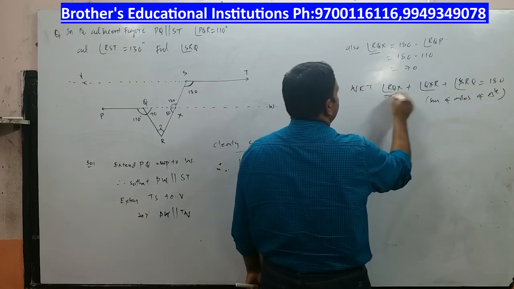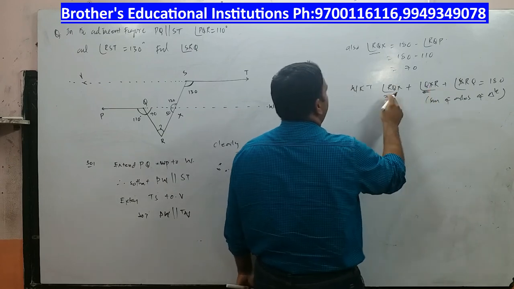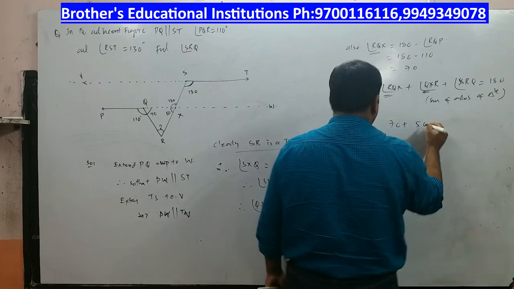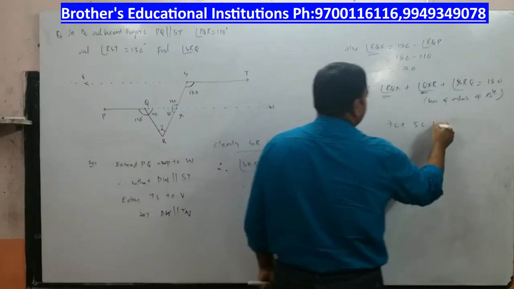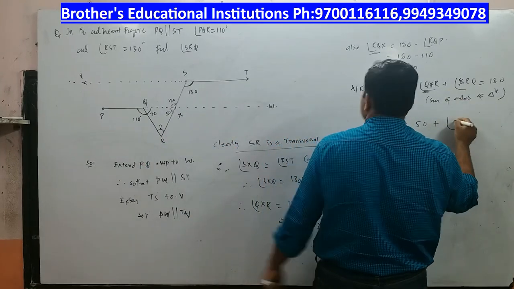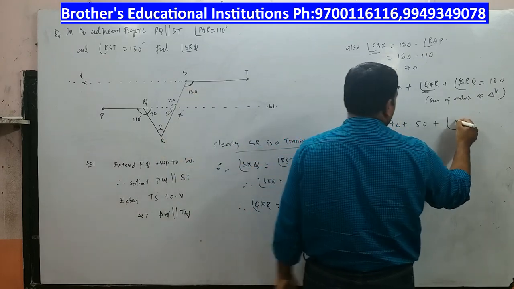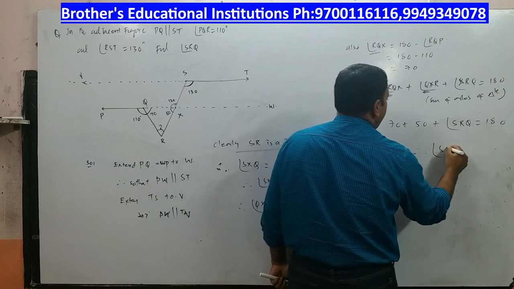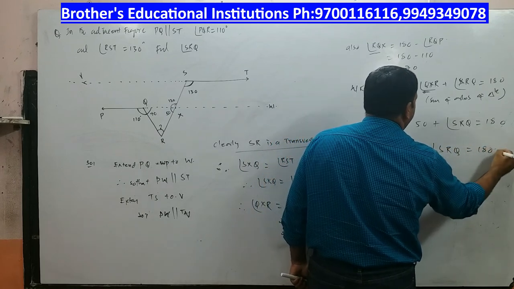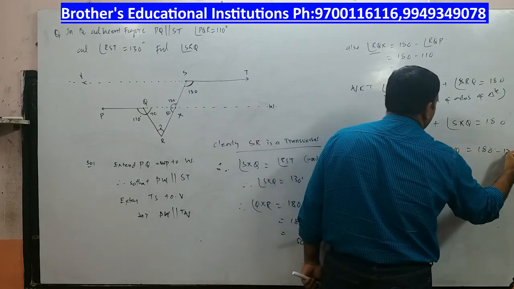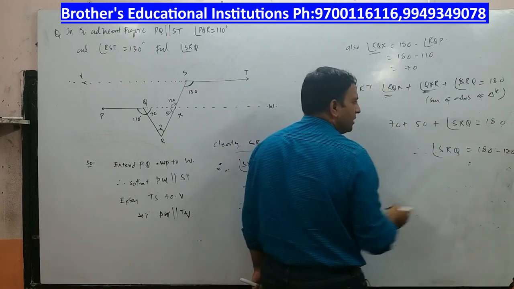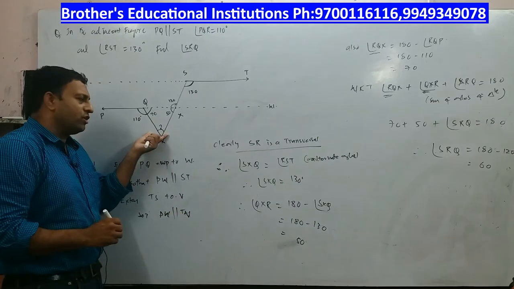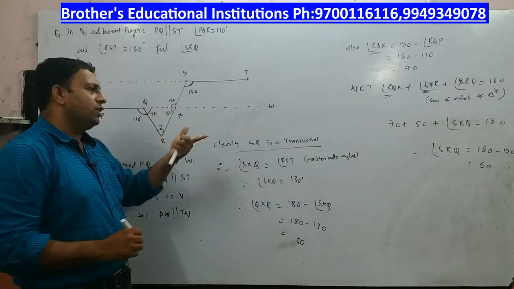Now what is this angle and what is this angle? This angle is 70 degrees. This angle, how much did you get? 50 degrees. Plus angle XRQ, which can be written as SRQ, is equal to 180. Therefore, angle SRQ is equal to 180 minus 120. What is 180 minus 120? 60. So this unknown angle, the question mark angle SRQ, is equal to 60.